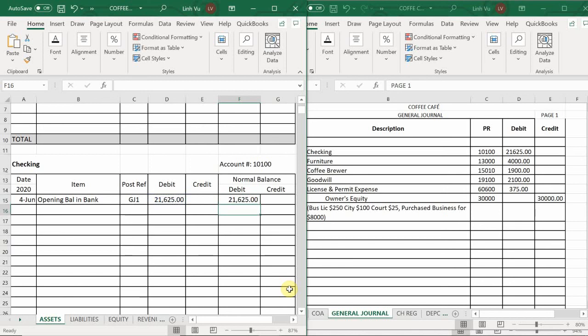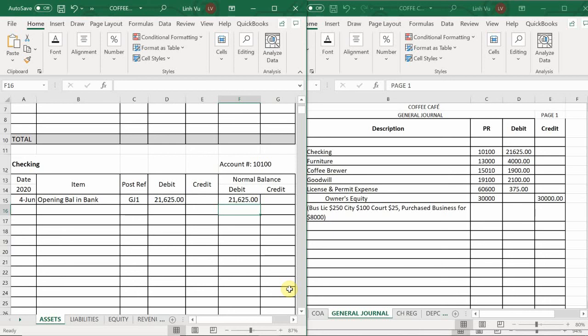Since I don't have a previous balance, and we'll talk more about creating the running balance in a couple more transactions, I'm starting here and saying, this is going to be my starting point in my normal balance.